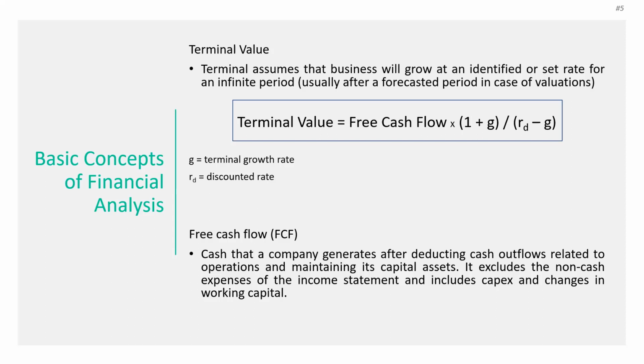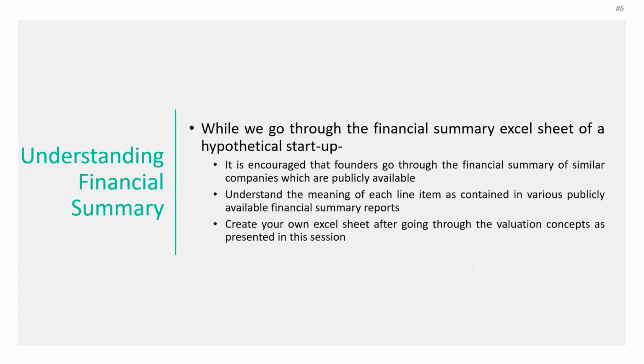However, we must remember that it excludes non-cash expenses such as depreciation costs, and it includes the capital expenditure and changes in the working capital. We are going to see how these are used when we do the calculation for arriving at a value for a specific business.